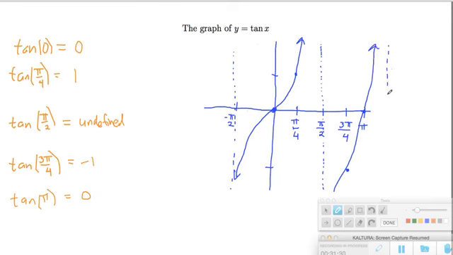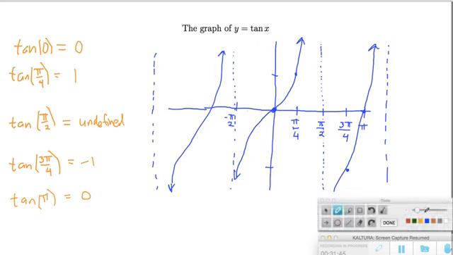You're actually going to get a bunch of these pictures with the vertical asymptotes happening as such. Now notice that tangent actually has a different period than sine and cosine, so tangent is quite different in the way it looks. It also has a different period.